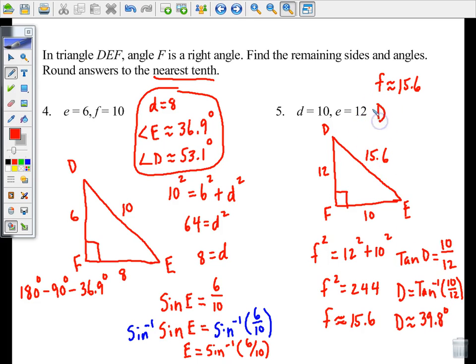All right, angle D, 39.8. And that makes finding angle E easy because we just, again, start with 180 degrees, subtract our right angle, subtract angle D, and in our calculator, 180 minus 90 minus 39.8, 50.2 degrees.